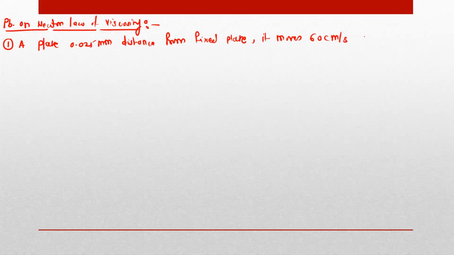Note down the problem. We have a plate at a distance of 0.025 millimeter from the fixed plate, and it moves with the velocity 60 centimeter per second, and that requires a force of 2 Newton per unit area, that is 2 Newton per meter square, to maintain this speed.